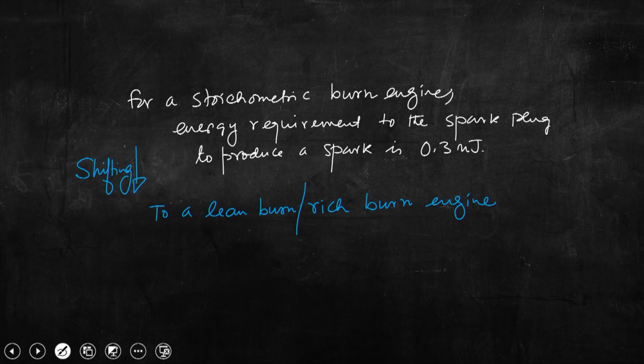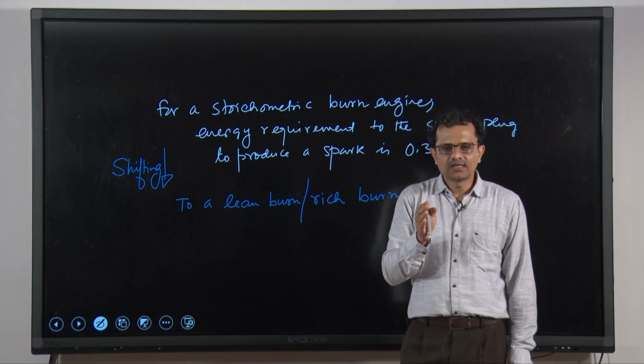If it is a lean burn engine or rich burn engine, meaning the mixture is far away from the stoichiometric ratio, either the fuel is rich with the air or the air is having less fuel.